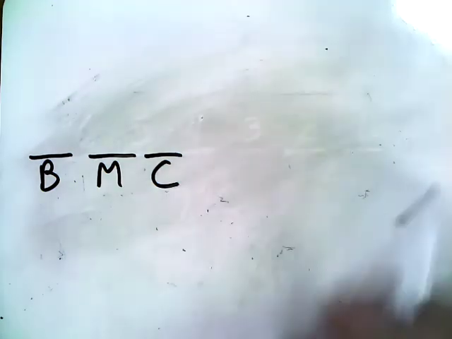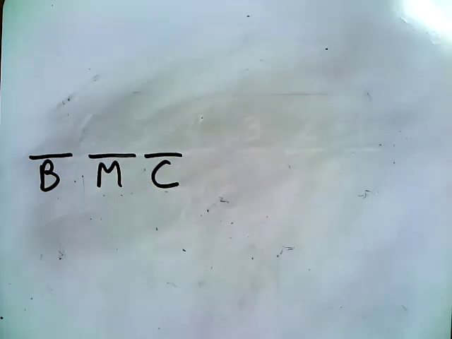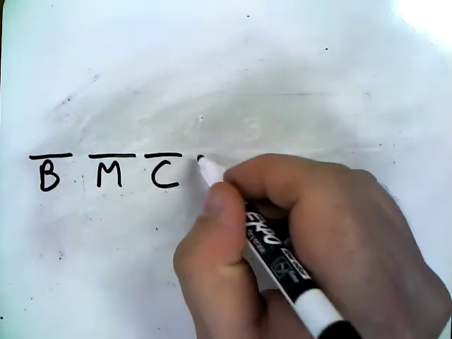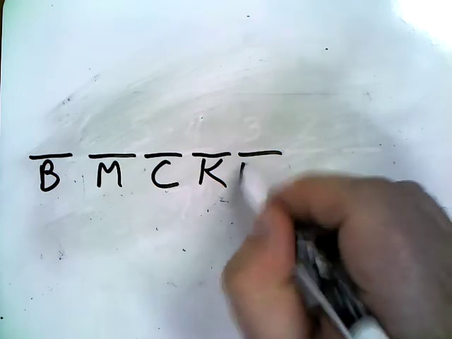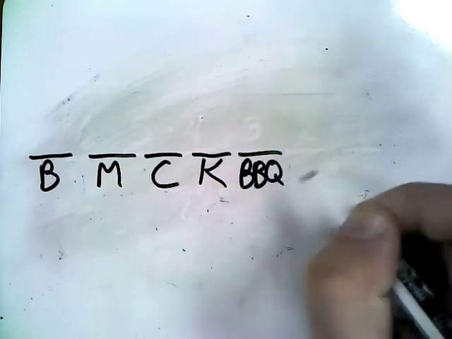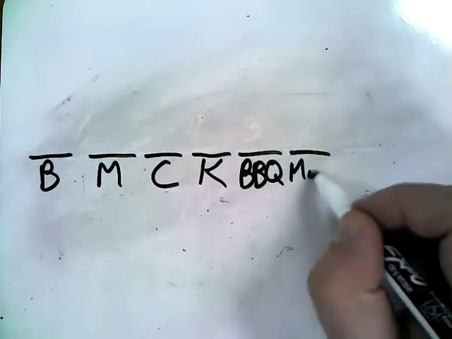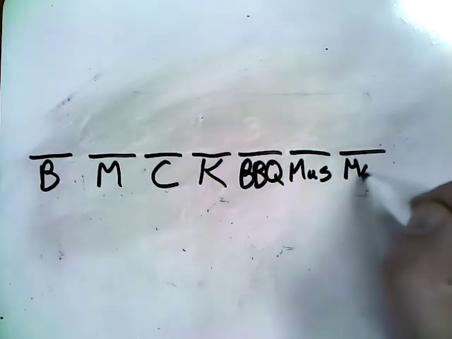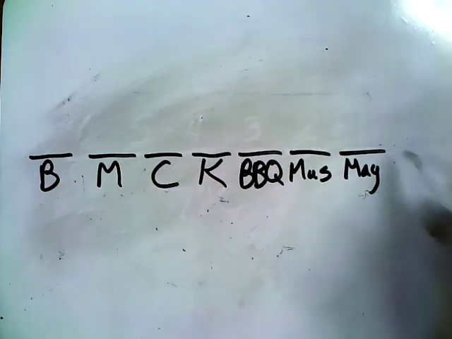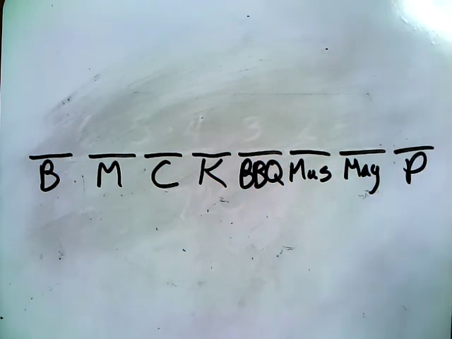You could talk about different types of condiments, like do you put ketchup on it? Do you put barbecue sauce on it? Do you want mustard? Do you want mayo? Do you want pickles?